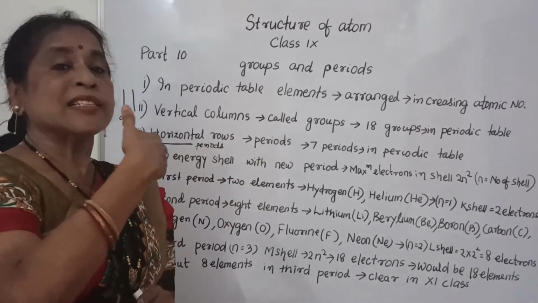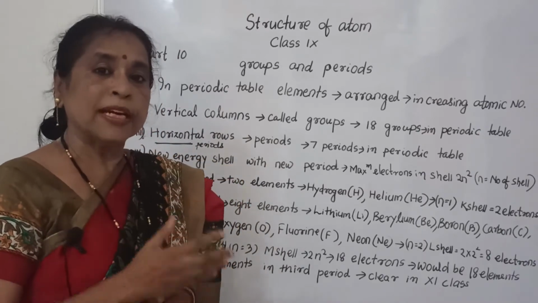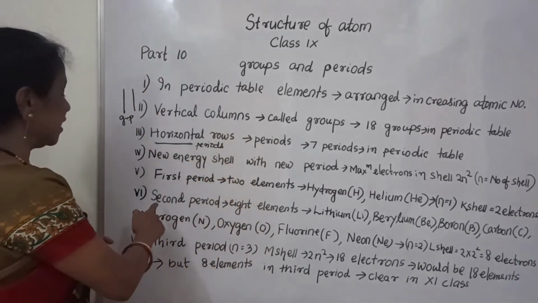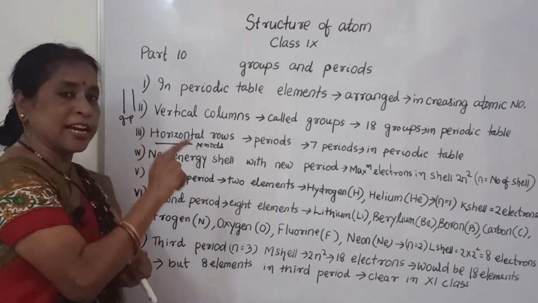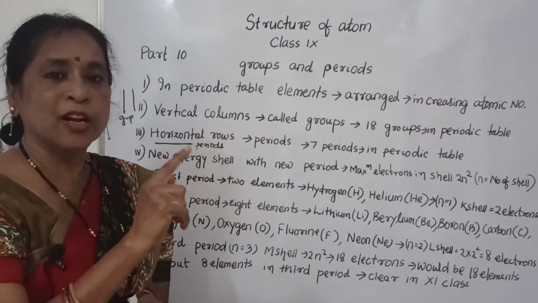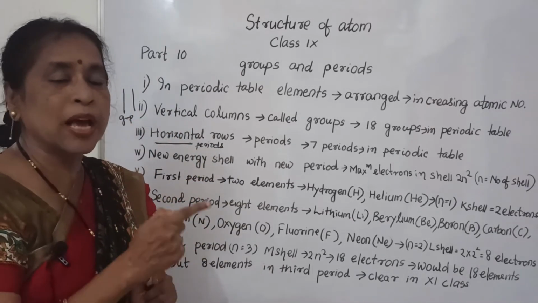If I say second energy shell, that is n equal to 2, that means L shell, and that is the second period. First period indicates energy shell n equal to 1, and second period indicates n equal to 2, L shell.